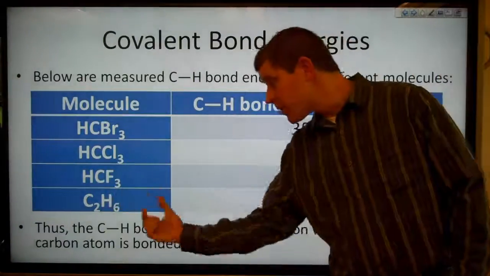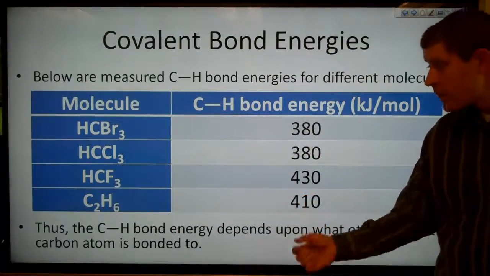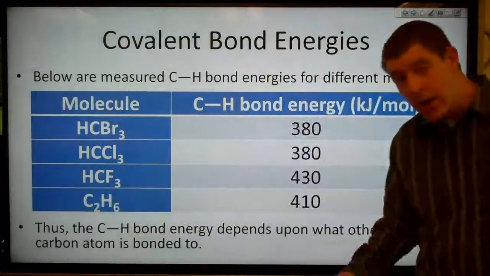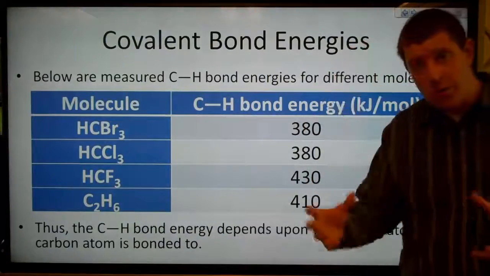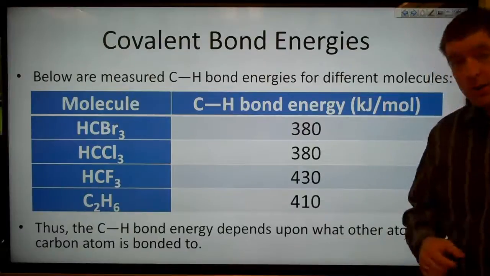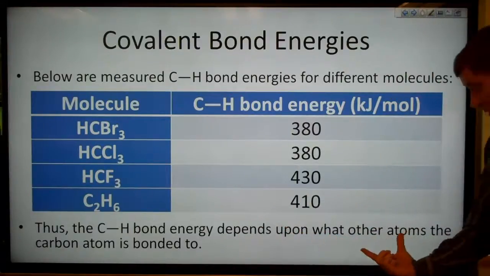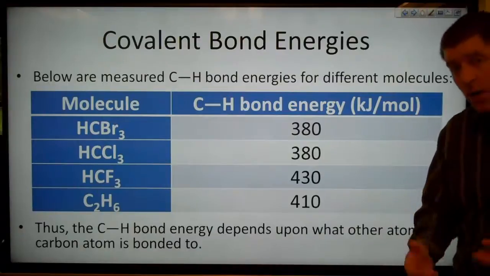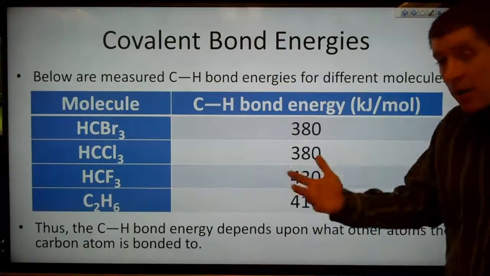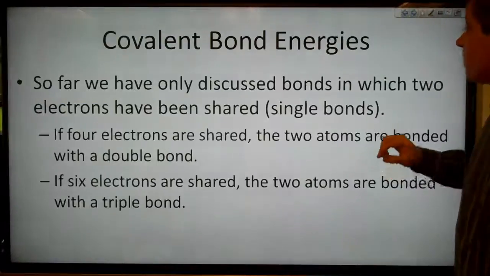When we replace them with fluorines, we now have a bond energy of 430. If we have 2 carbon atoms bonded together and 3 hydrogen atoms on each of the carbons, that bond energy is 410. And so our carbon-hydrogen bond energy depends on what other atoms that carbon atom is bonded to. It would depend on what else the hydrogen is bonded to, but hydrogen will only form one bond.